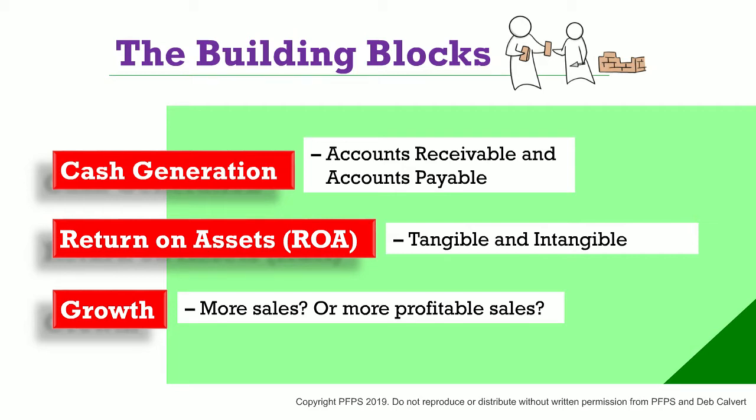Sales of some products can be more costly than others, which is why not all sales are created equal. Focusing on growth without understanding these other building blocks can be problematic. See, some growth generates cash, and some growth consumes cash. So making more sales is not as effective as making the most profitable sales.